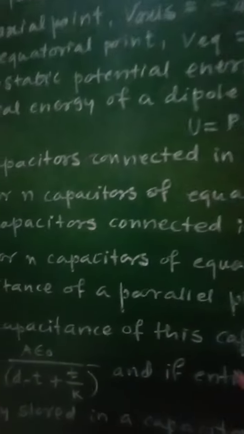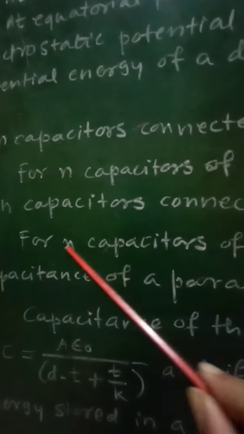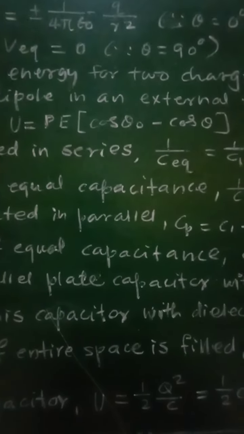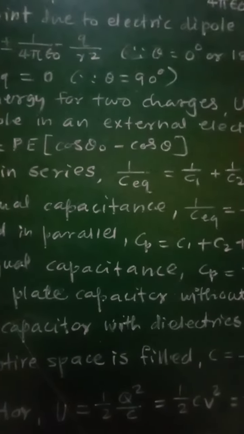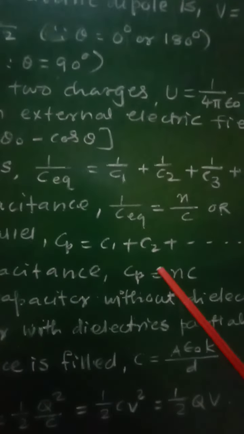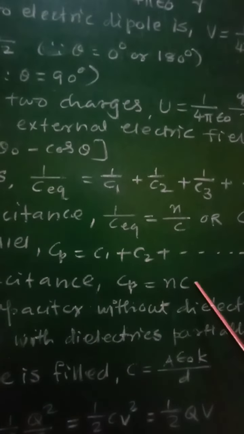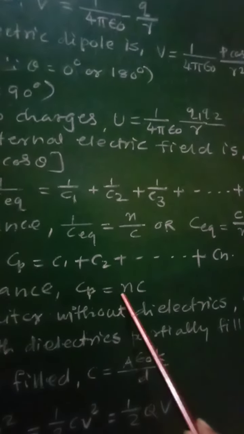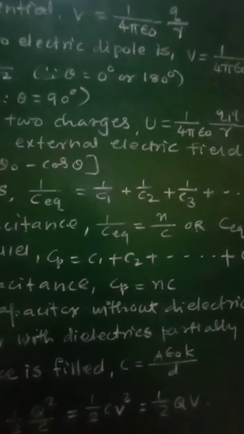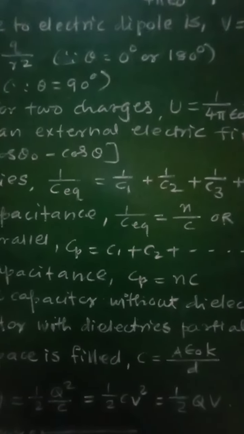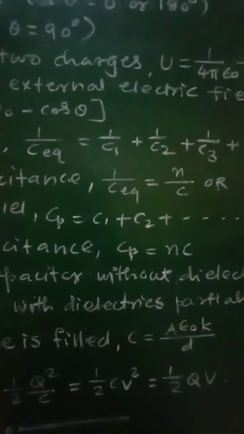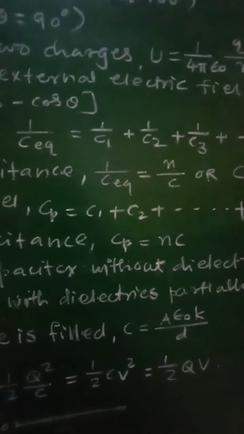If the n capacitors are of equal capacitance C, then Cp will be equal to nC, because it will be C plus C plus C, n times. Therefore if the capacitors are connected in parallel, their equivalent capacity will increase.